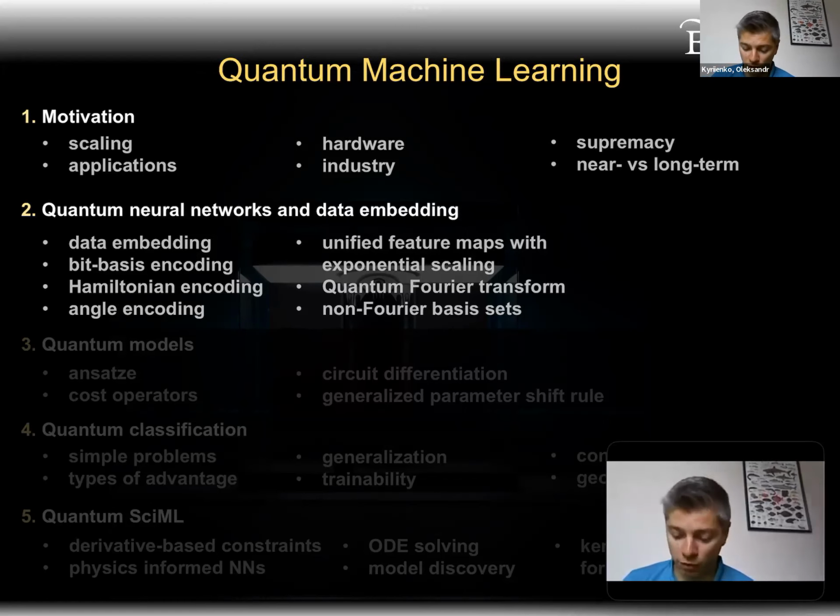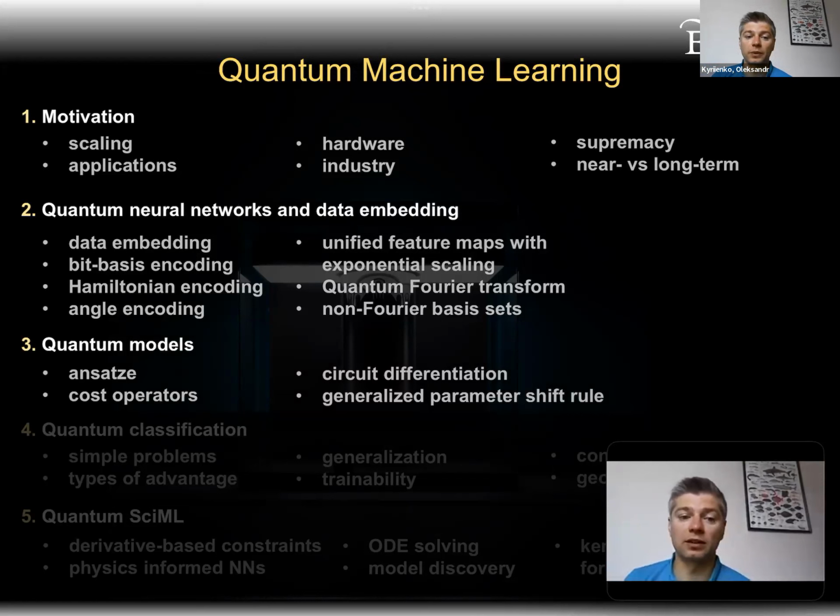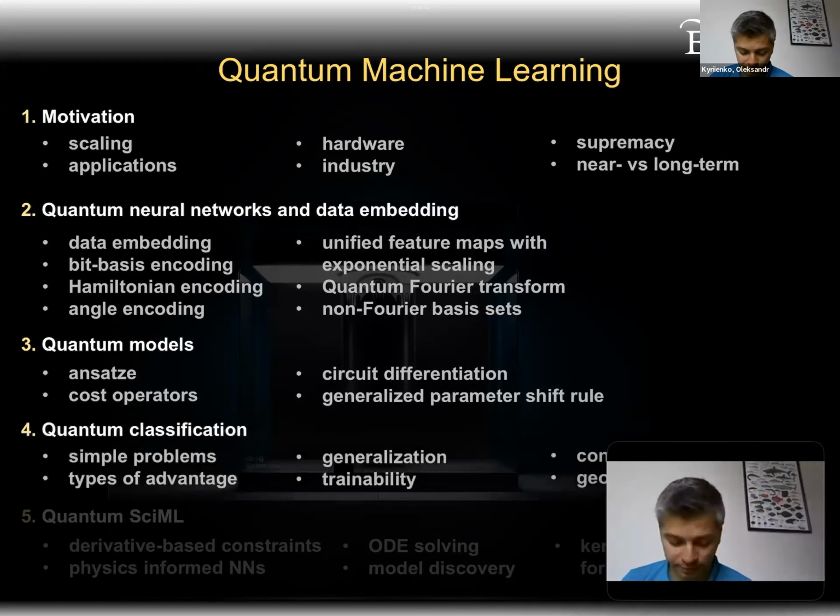To have a full workflow of machine learning, we also need other tools like variational ansatz and cost operators, and I will show how we can differentiate these circuits and quantum models, which is extremely important for learning and representing certain data distributions. I will then go into quantum classification problems.